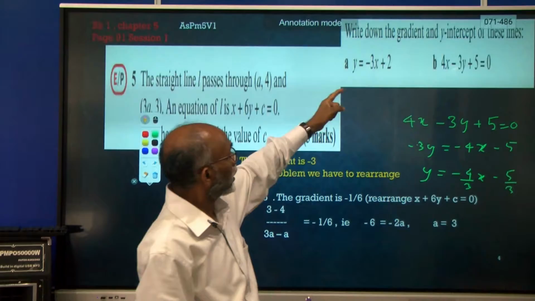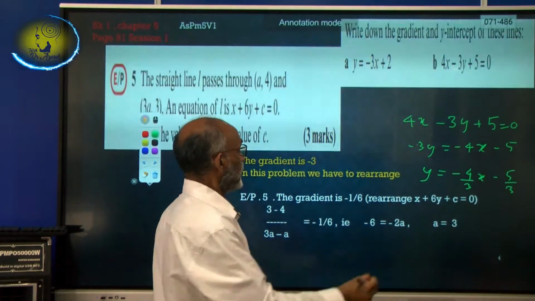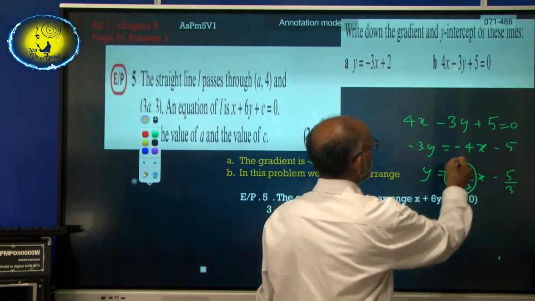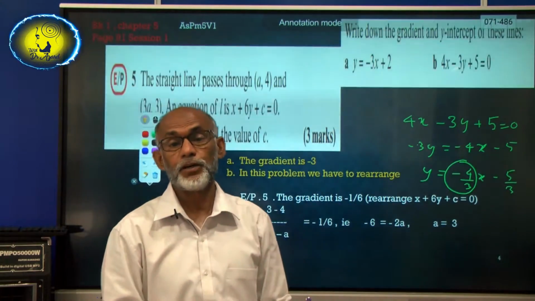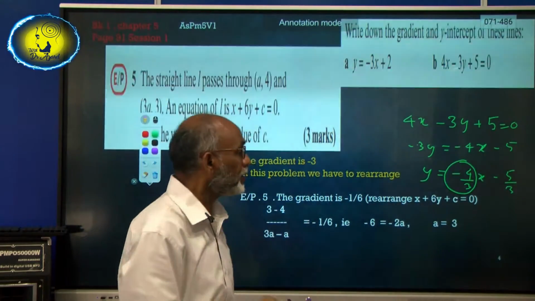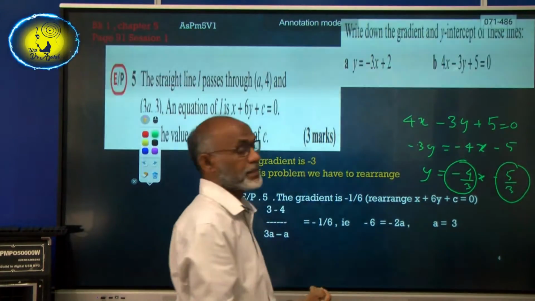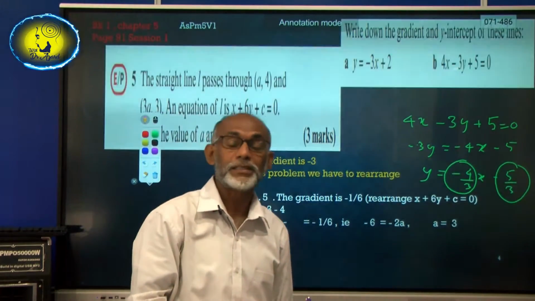Once we change it to y equal mx plus c, our gradient is visible. So we are able to find the gradient of the equation. And the intercept also, it is possible to identify the constant c. We call it the intercept.